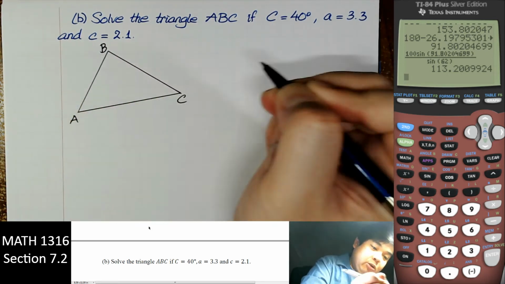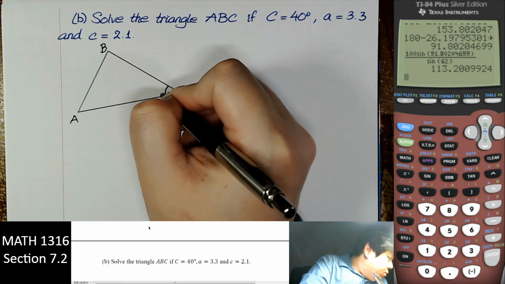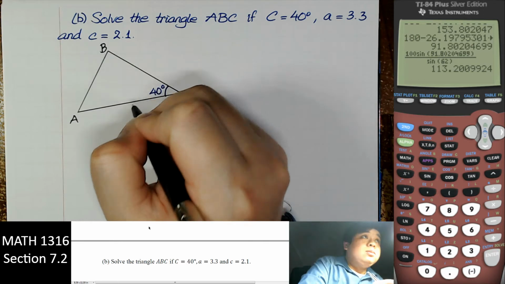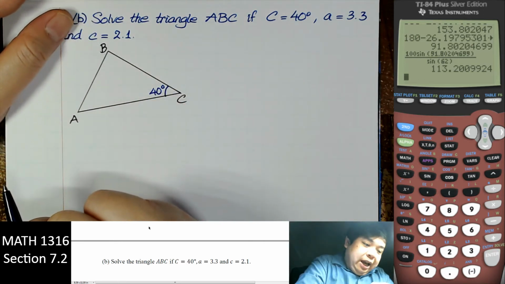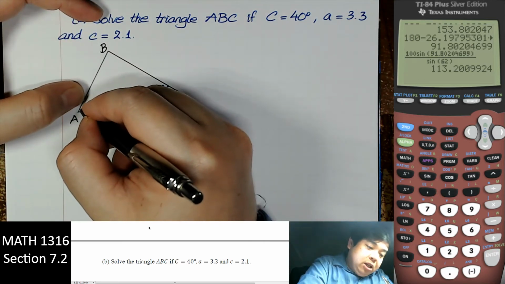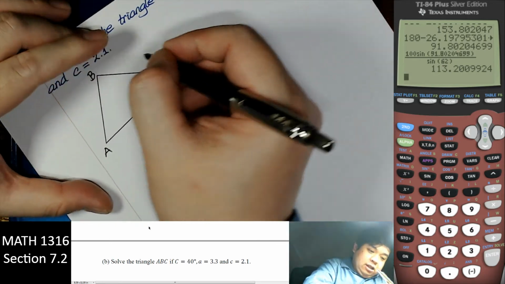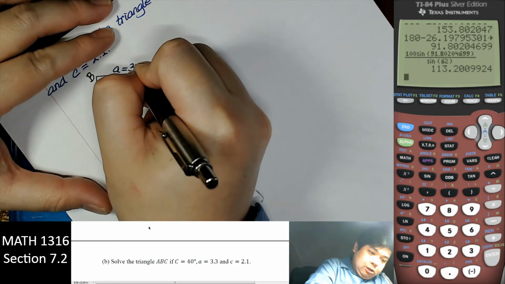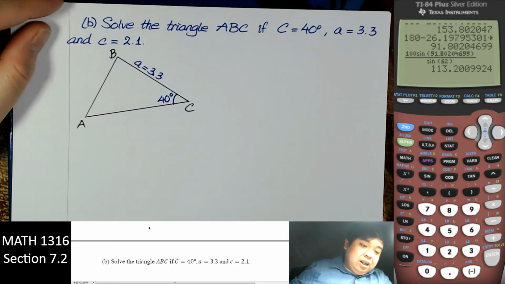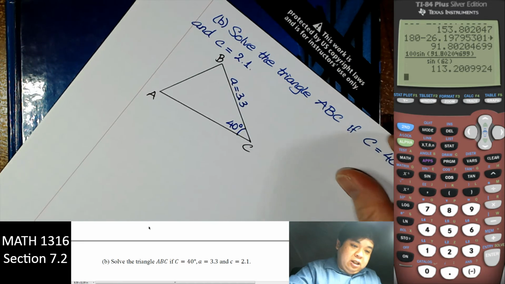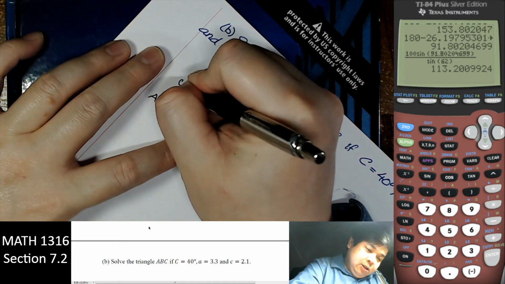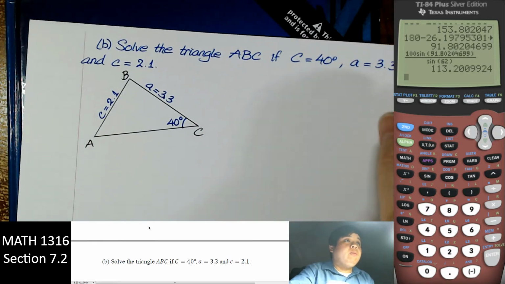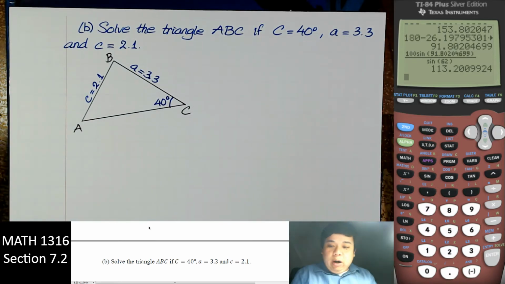Right, C is 40 degrees. Sine A is opposite to big A. And sine C is opposite to big C. Right.